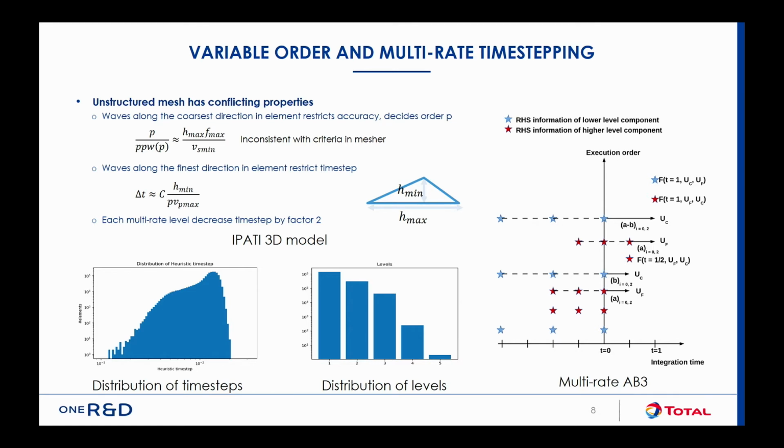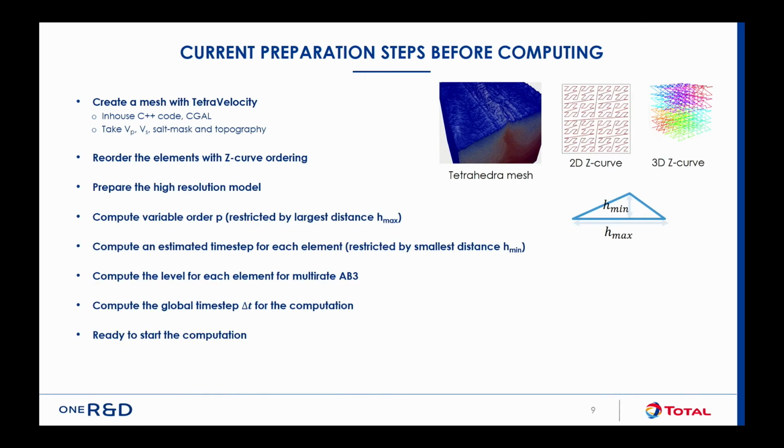So the current steps we have to do before we start to compute. We have to create an unstructured mesh, and that is probably the hardest part of the whole thing. It has been a little bit of a struggle to get a good mesh.